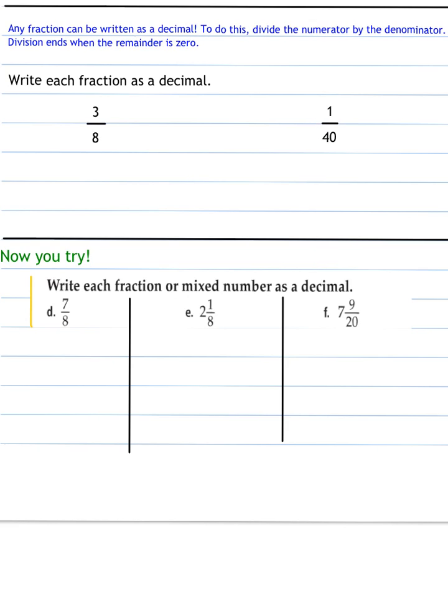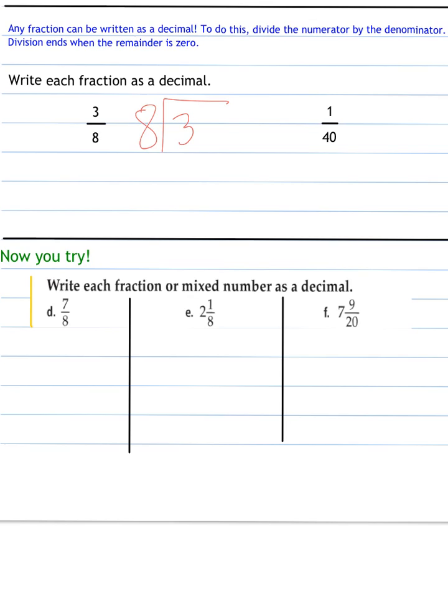We never write a remainder. We keep dividing until we get 0. So we take the numerator and divide by the denominator, which means the denominator goes outside of our division box and the numerator goes inside.